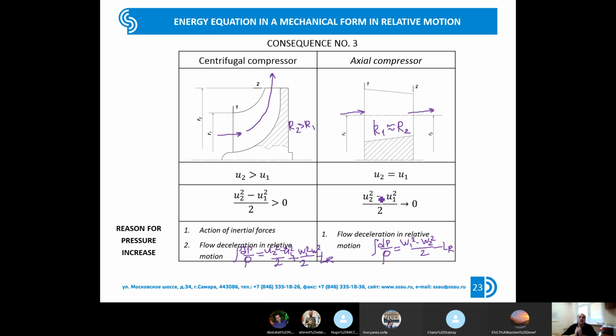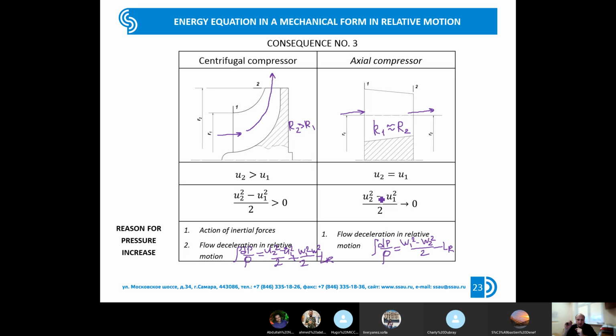So what's the main conclusion here? In the centrifugal compressor, the pressure increases because we have the action of inertia forces and flow deceleration in relative motion. So we have two reasons for increasing pressure. If we speak about the axial compressor, the pressure increases only because we have flow deceleration in relative motion.